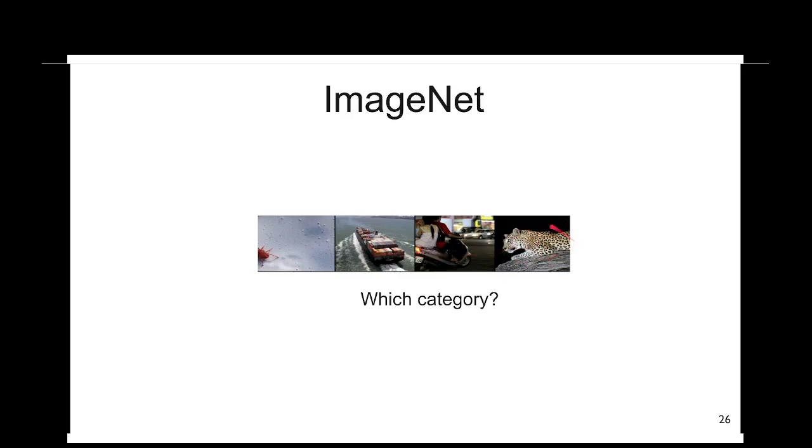This one here is already a bit more tricky because, well, it looks like a leopard, but of course there are also variations of other cats that look like leopards. Here, this is a bit difficult. If you watch closely, you can see that that is part of a scooter. And this is tricky. At the high level, you see immediately that this is an insect, but only half of it is shown. And which specific insect is a bit difficult. In fact, it turns out it's a mite. So that was the task, and you see already that also to a human, this is not trivial.